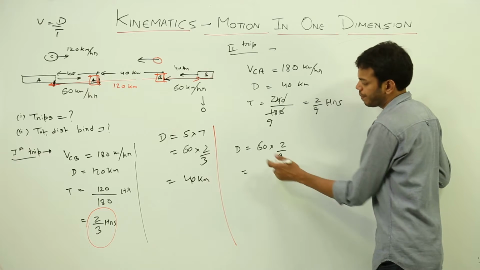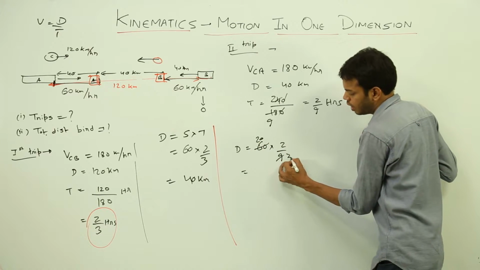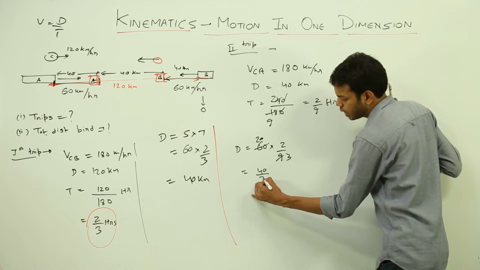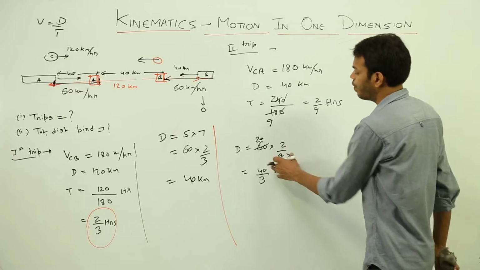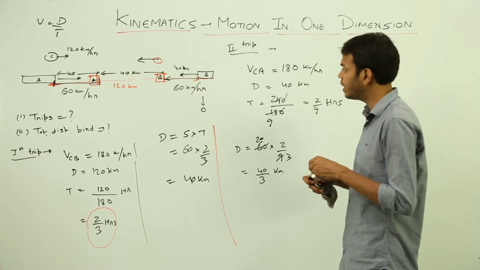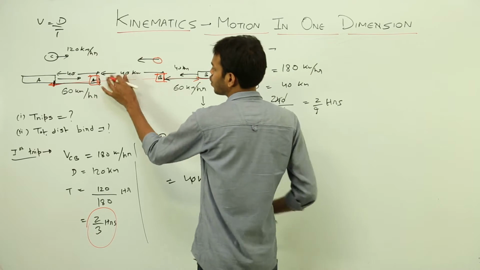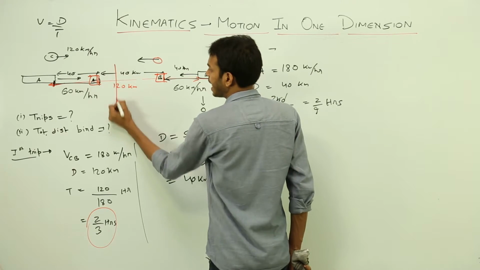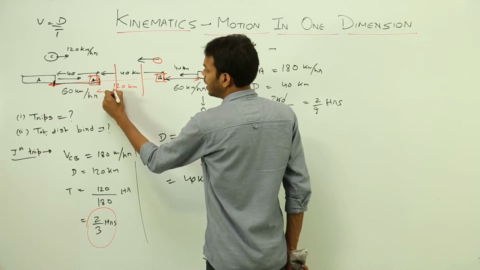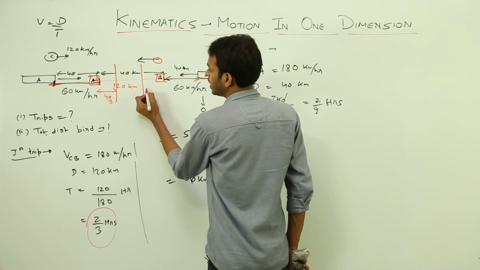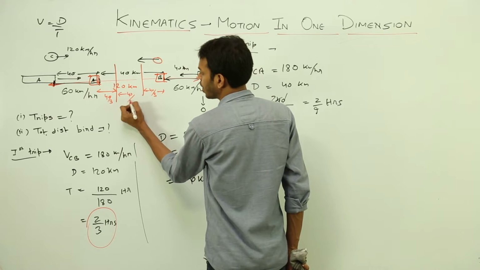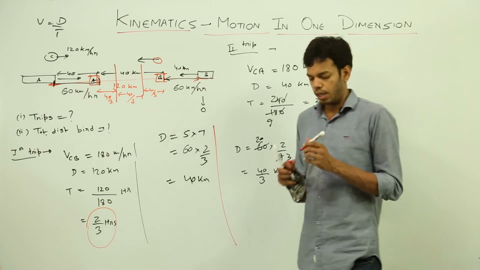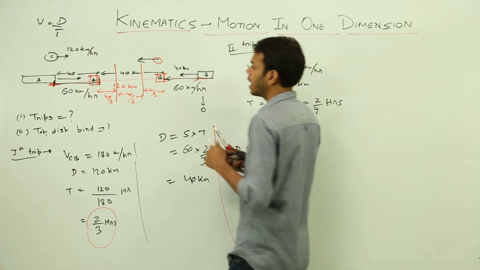That is, this is 20, this is 3, this gives me 40 over 3 kilometers. 40 over 3 kilometers means I am dividing 40 into 3 parts. Whatever distance was left in between, which was 40 kilometers, has to be divided into 3 parts. One train has covered 40 upon 3, the other train has covered 40 upon 3, and the remaining distance would obviously be 40 upon 3, right? So the new positions of the trains are here.